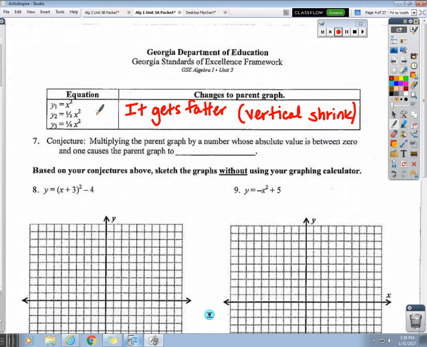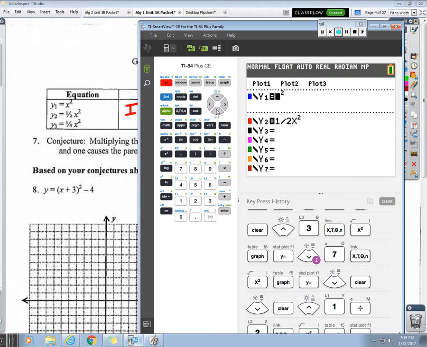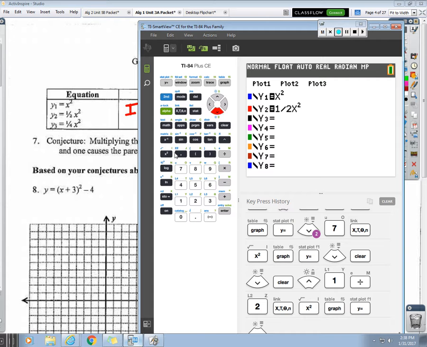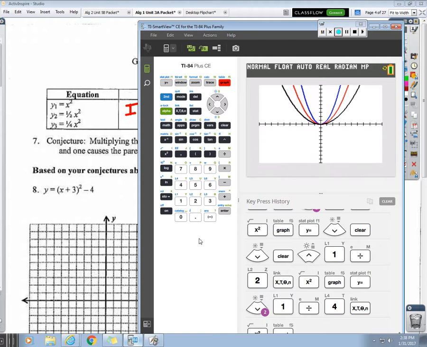Okay, so look, 1/4. Is 1/4 bigger or smaller than 1/2? Smaller. So let's see what happens if you go even smaller out in front of the x squared. 1 divided by 4x squared. Even fatter, right? So the smaller you get below 1, the fatter your parabola will get.